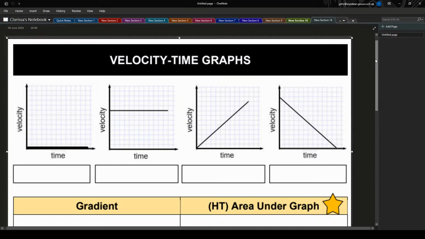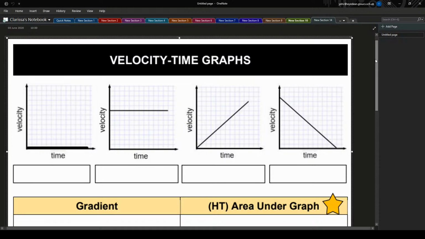The lesson previous to that, we covered distance time graphs, which is basically how much distance was traveled over time. And we talked about what the different shapes mean in a distance time graph.